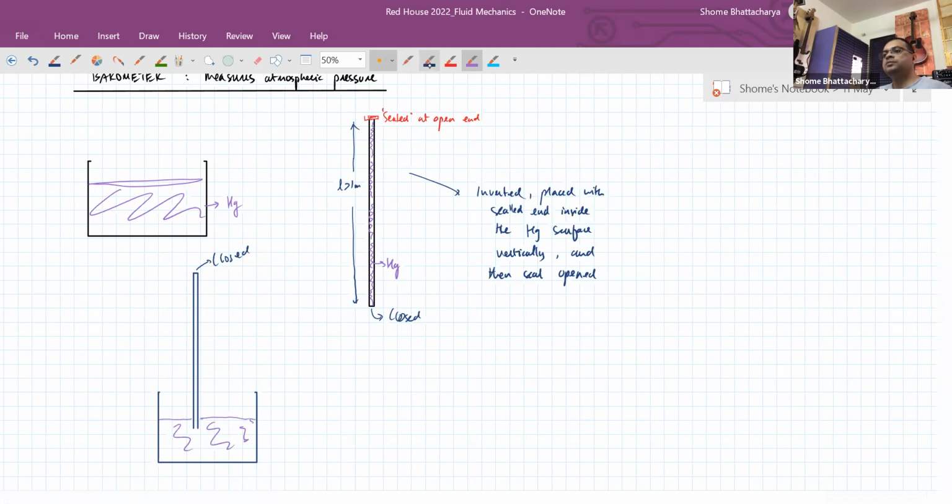And we place it in such a way that precisely 1 meter of the column is outside the mercury level. So this is equal to 1 meter exactly.